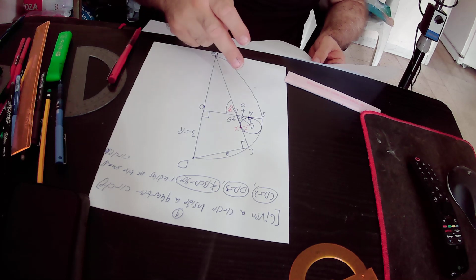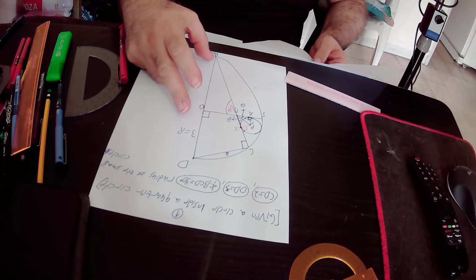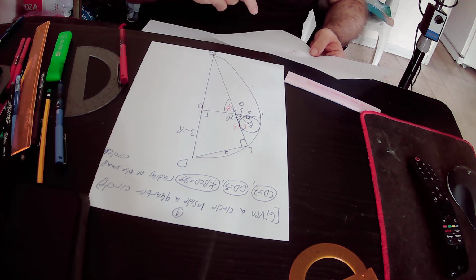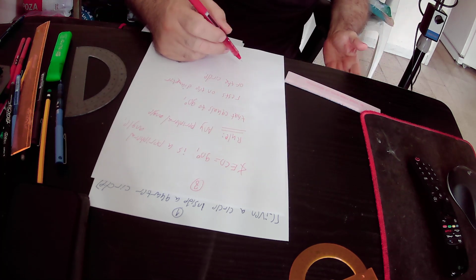We know that angle ECD rests on ED. Therefore, according to this rule, ED is the diameter of the circle, or ED is the diameter of the quarter circle.